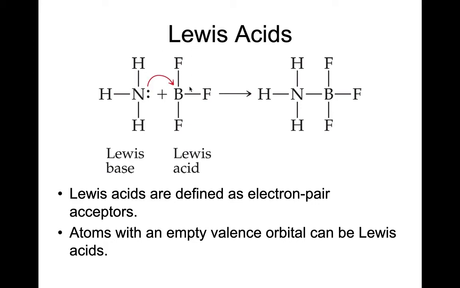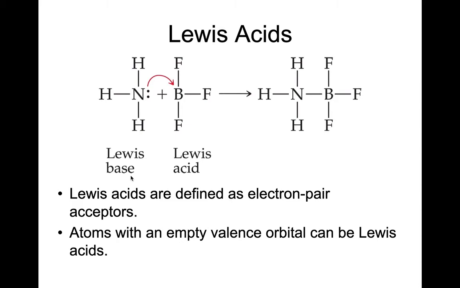So we can see why this definition allows us to include more into our acid definition, because we didn't have any movement of hydrogen here, so we wouldn't have fit the Bronsted-Lowry definition. We didn't create any hydrogen in water, so we wouldn't have fit the Arrhenius definition. But when these two combined, we could look at it as an acid-base reaction based on the Lewis definition.